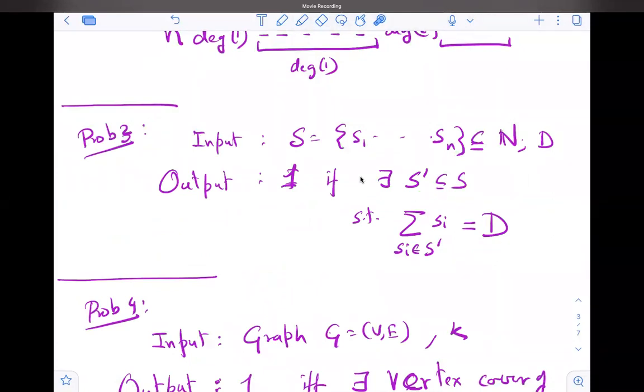Now, what is it that you will do? What is an algorithm that you will use? A standard example is that, okay, let's try to look at all the possible subsets, but that's 2 to the power n.